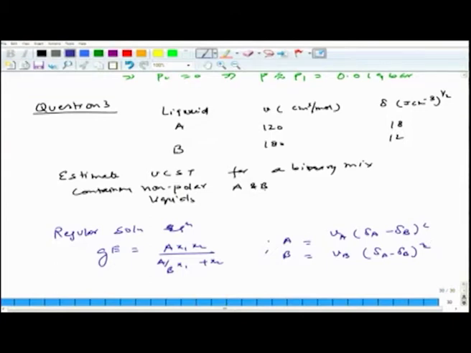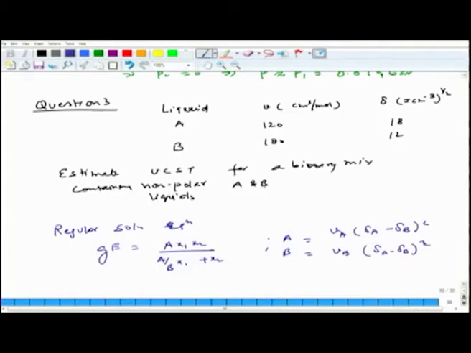From here we can get other expressions, but let us first find out A and B, because we have the information of V's and delta.